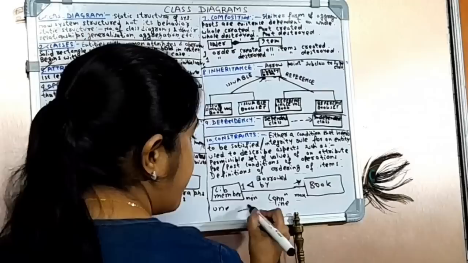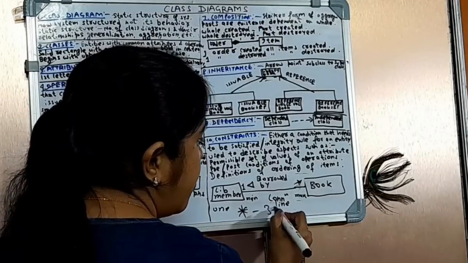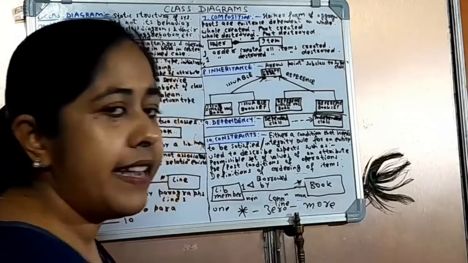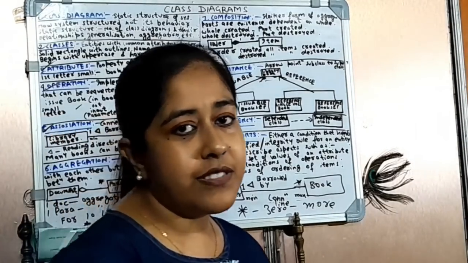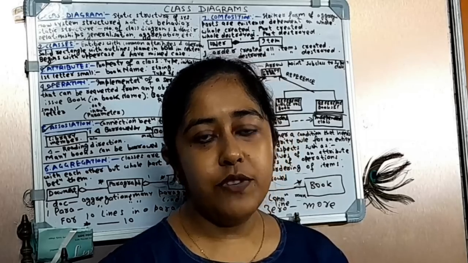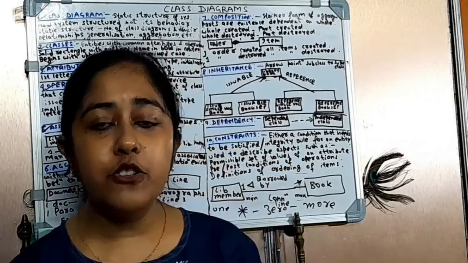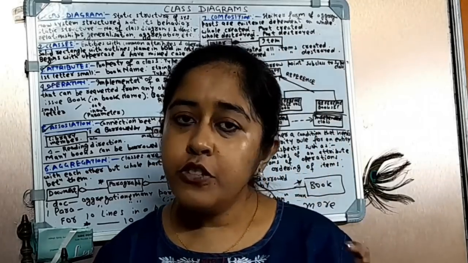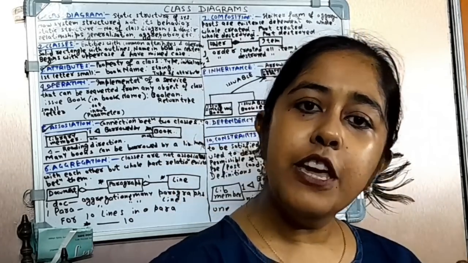This asterisk sign means 0 to more than 0, that is any number. This asterisk sign will show you from this to this. So you write this sign where you are not able to tell the number of books. There the asterisk sign is used.